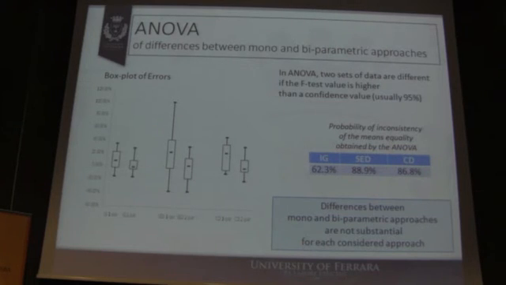Confidence value that is usually 95%. The result is that, let us say, we have not enough data to say that actually results with biparametric approach are different from results from monoparametric approach. So let us say differences between mono and biparametric approaches are not substantial.